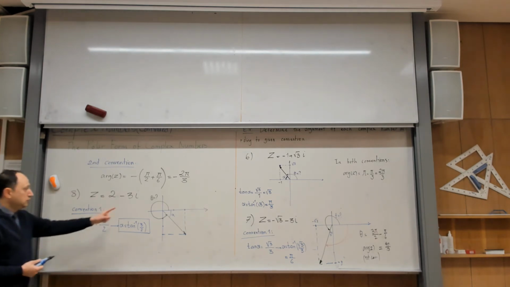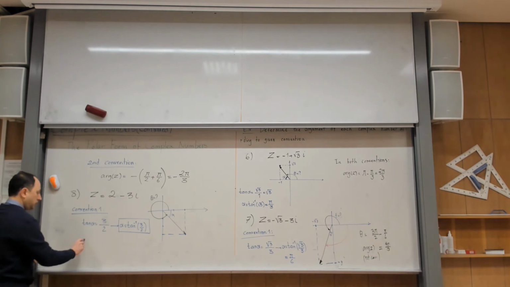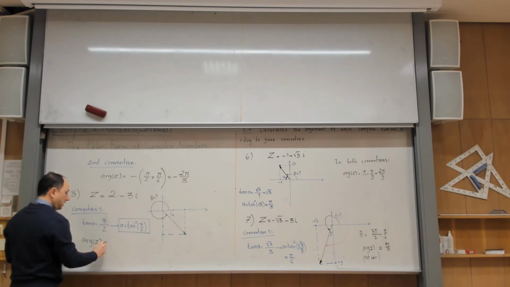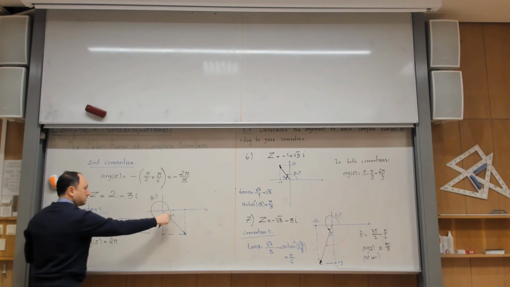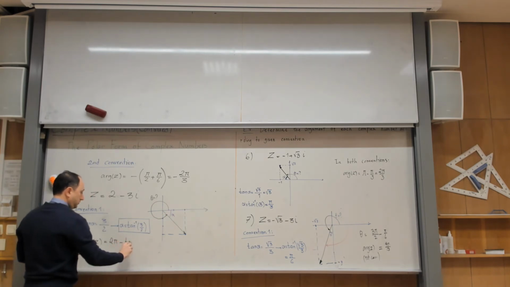But be careful, I am looking for theta. So theta is not that angle. So the argument of z is this bigger angle, which is 2 pi minus this angle, because the whole angle is 2 pi, but I should stop alpha units before that. So this becomes 2 pi minus tangent inverse of 3 over 2.